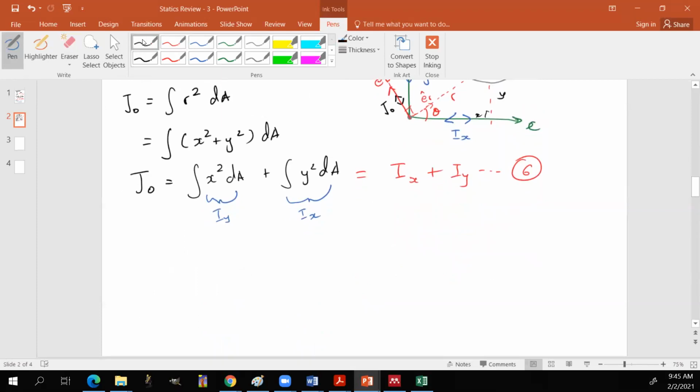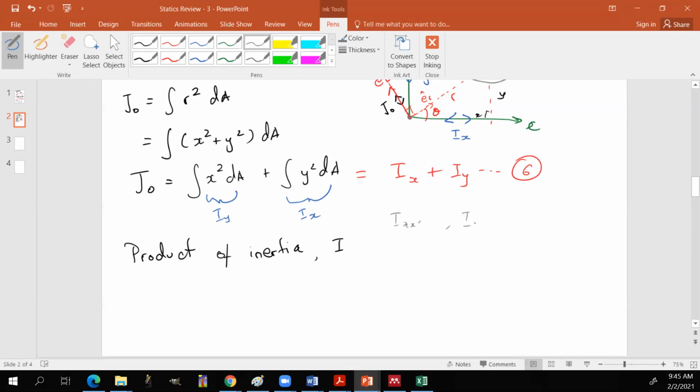And then sometimes another useful thing is called the product of inertia. That is defined as I, and different people use it differently. I've said Ix and Iy here; sometimes you might see people say Ixx like that.